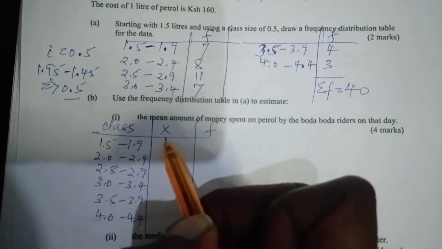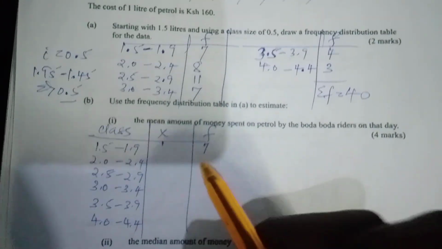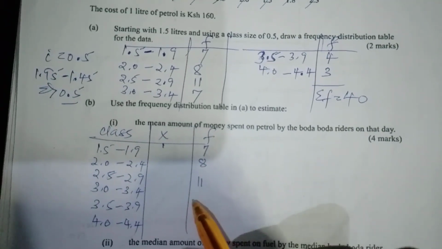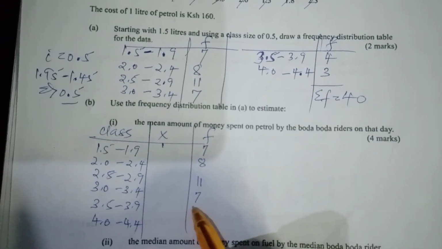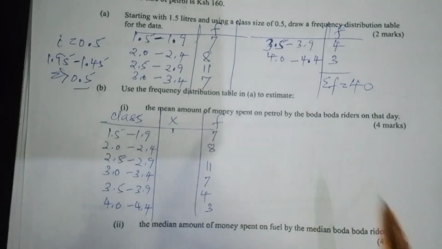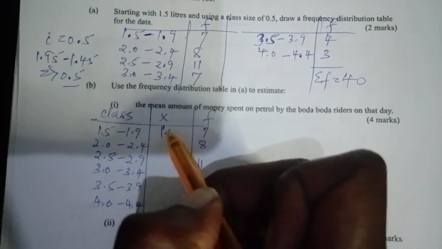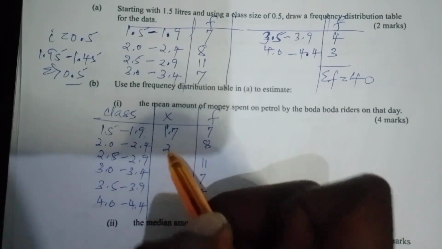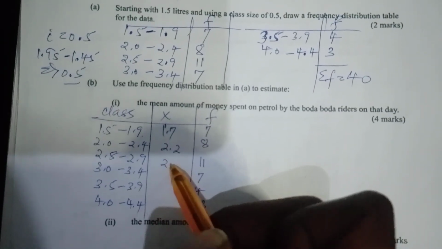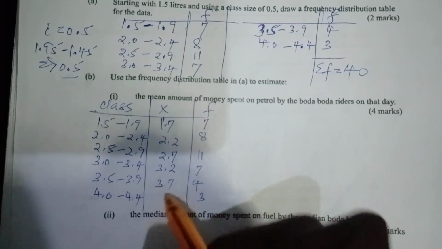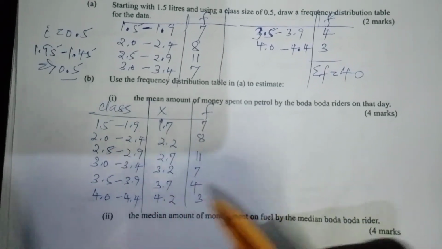The frequencies are 7, 8, 11, 7, 4, and 3. The midpoint is the lower plus the upper, divided by 2. Here we get 1.7, 2.2, 2.7, 3.2, 3.7, 4.2.